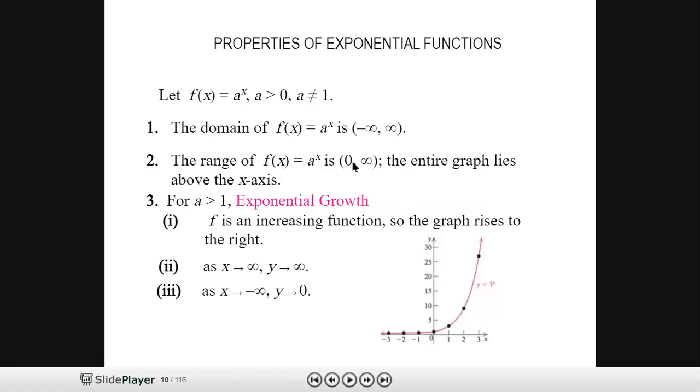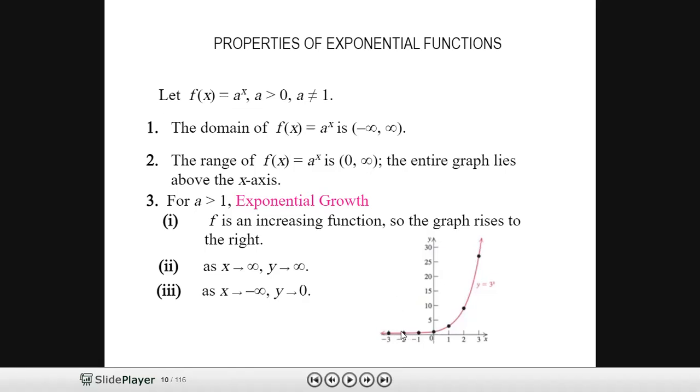So this will always go to the right. Look at this: it's touching the line but it will never cross the line, and this will go up and up. So that's why the range starts from 0 to infinity.